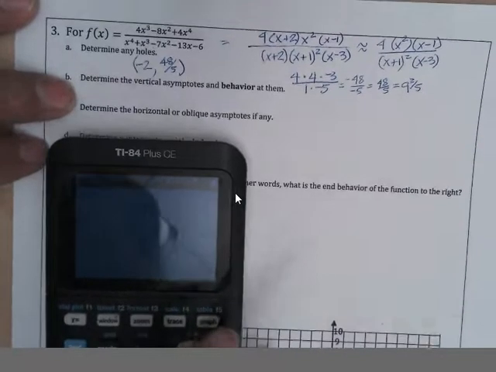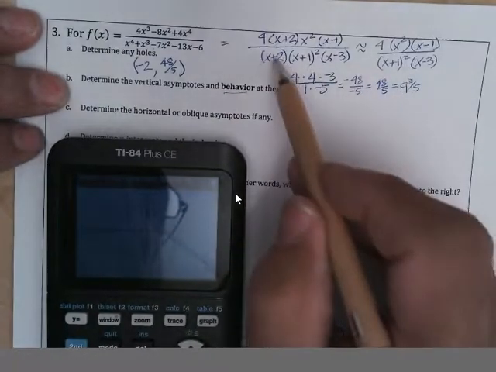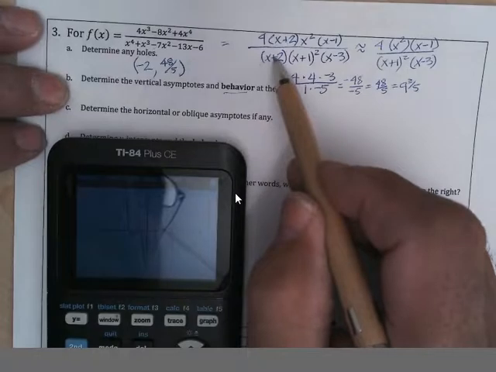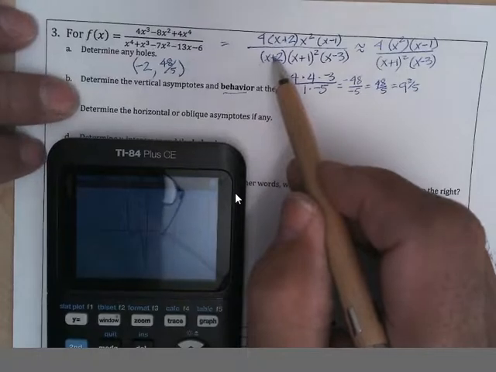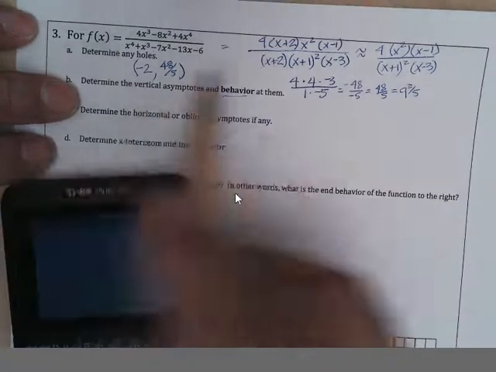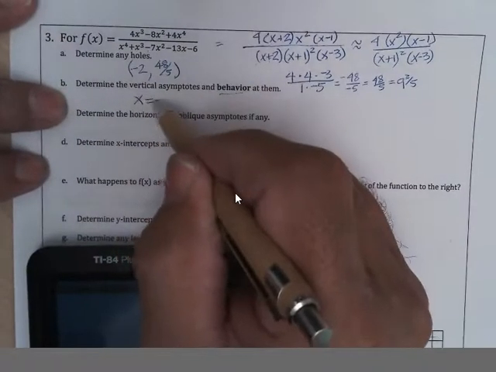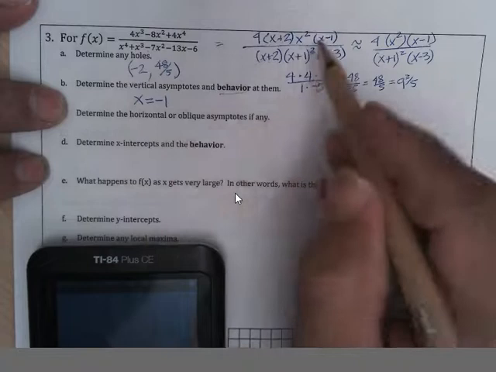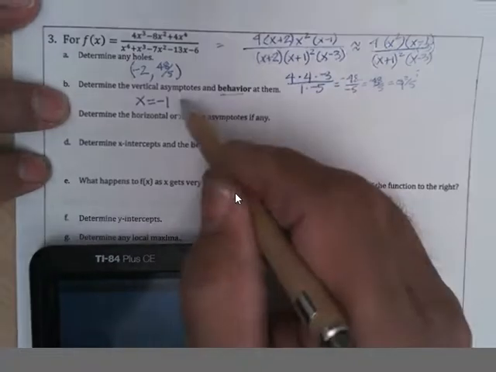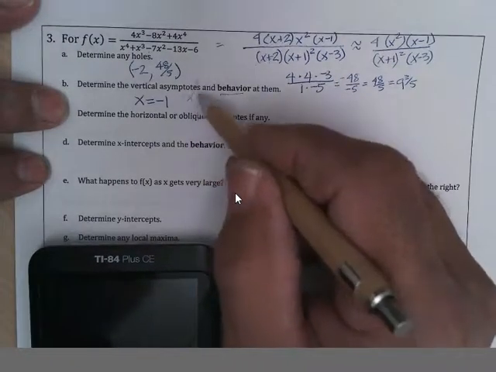Vertical asymptotes and the behavior. So since this was a hole, it's not contributing to the vertical asymptotes. But we have one here at minus 1. So we write the equation of the vertical asymptote, x equals negative 1. And since it's squared, the graph is going to go in the same direction, either up or down, whichever way.